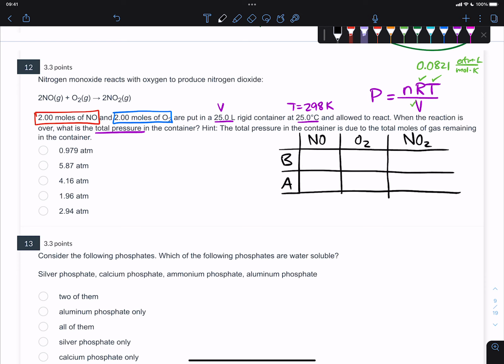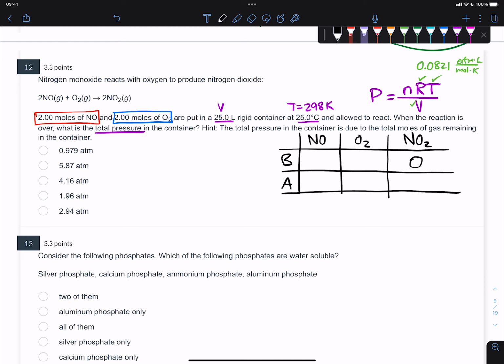You can also use 1s and 2s, whatever you want to do, but I'm just putting B for before and then A for after. Before the reaction starts, there will be some amount of nitrogen monoxide and some amount of oxygen, and there will be no product yet because the reaction hasn't technically started.